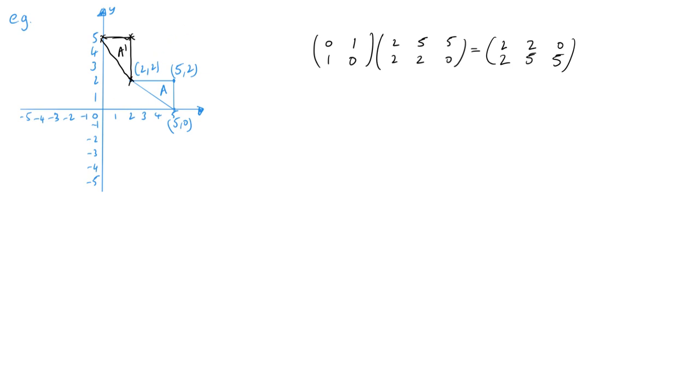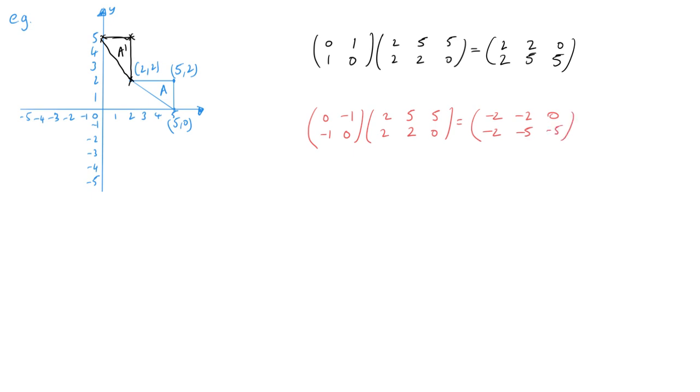Now let's reflect in the line y equals negative x. And you should be able to see what's happening. 0 minus 2, 0 minus 2, 0, 0. We've got there minus 2 plus 0, minus 5 plus 0, and minus 5 plus 0.